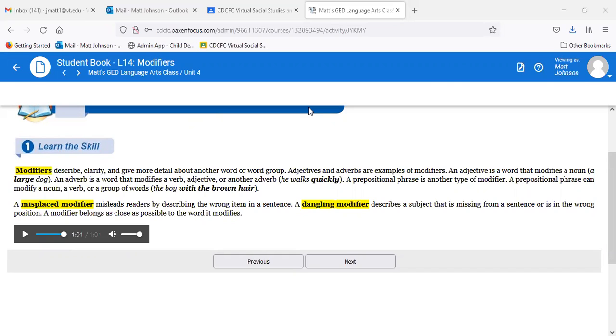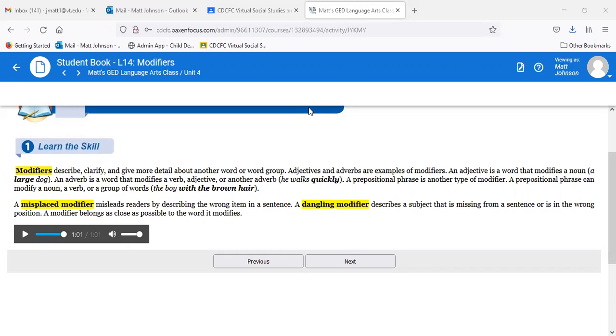So the thing with modifiers, we know basically the two types you're mostly going to deal with are adjectives and adverbs. Adjectives modify and describe a noun, like the colorful bouquet of flowers, colorful being the adjective.